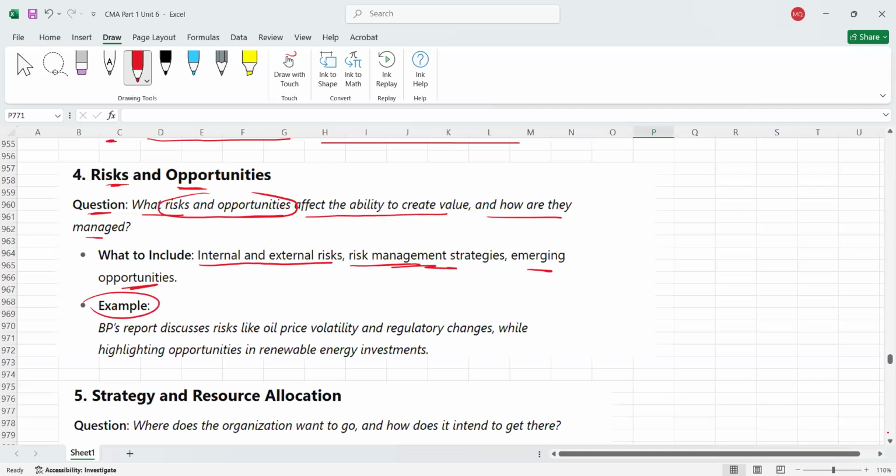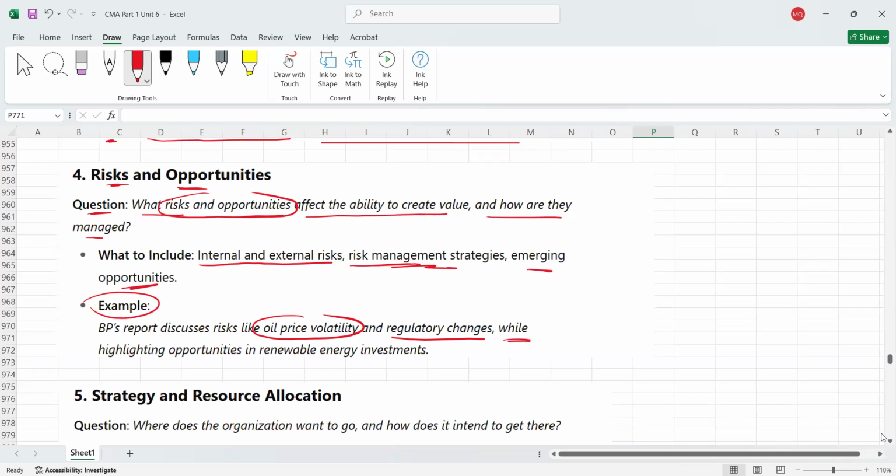As an example, BP's report discusses risks like oil price volatility. If you are in the oil and gas business, oil prices change from time to time, so that's a risk. And regulatory changes, the changes in laws and regulations, are also a risk for companies, because in case of non-compliance there could be a heavy fine.